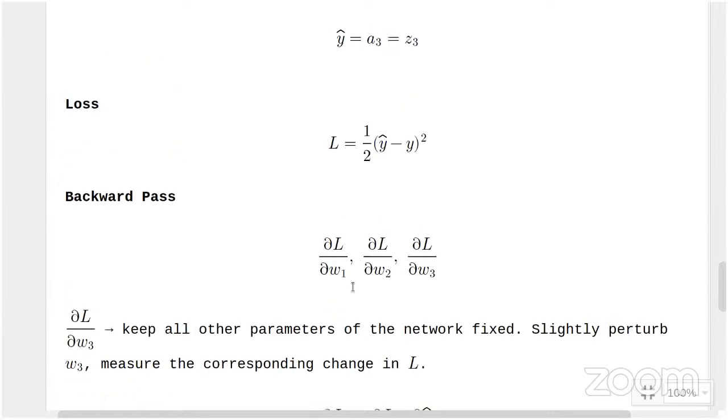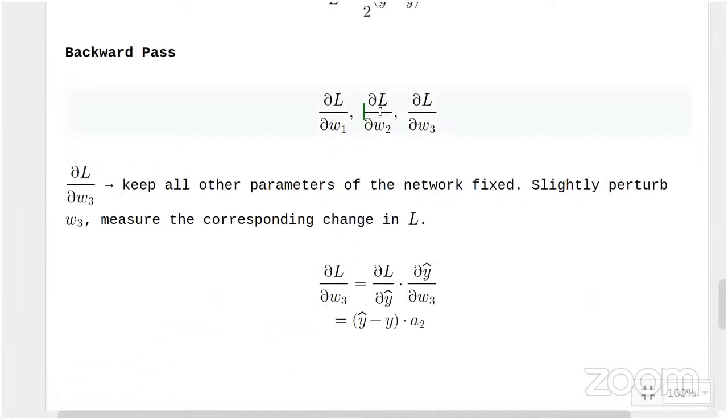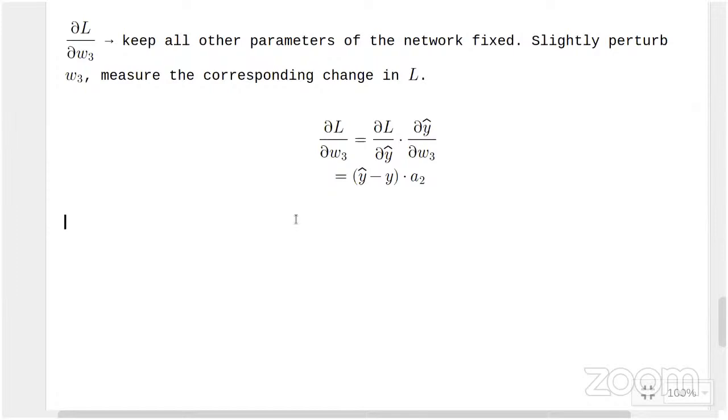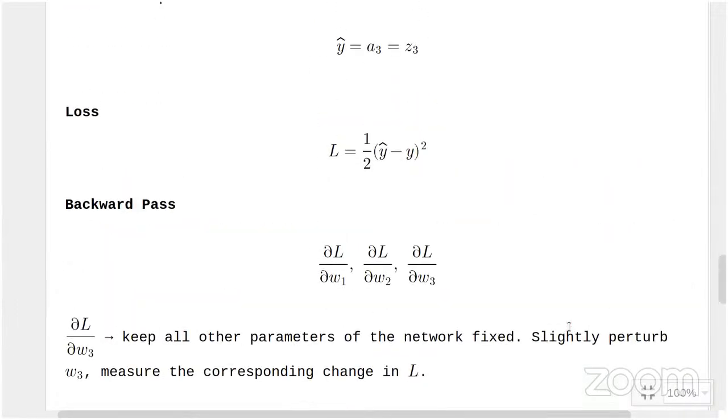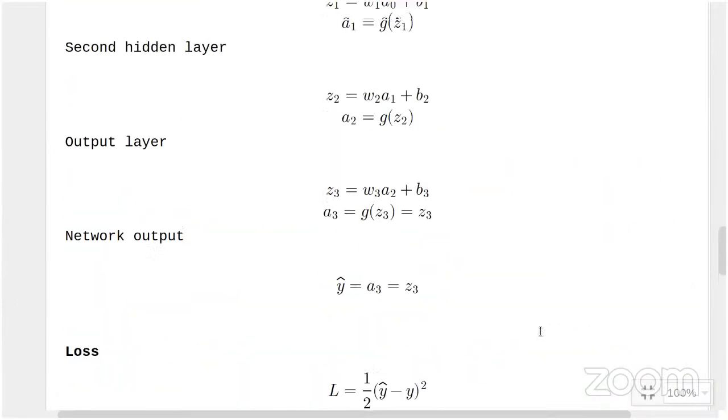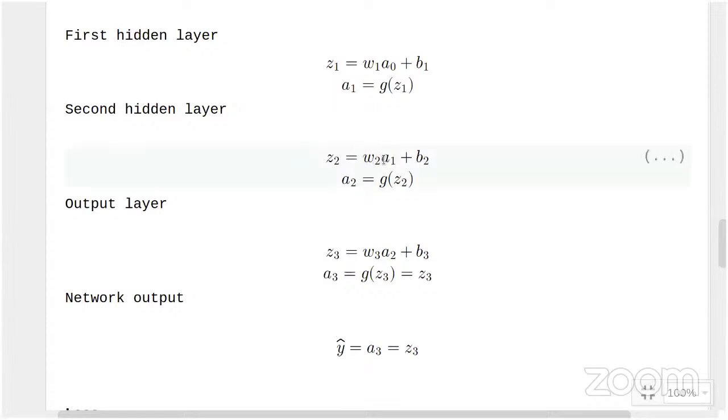Okay, so let's do this for dou L by dou W2 also, and then we'll understand. This is what we need to compute. So notice that W2 goes via Z2, Z2 goes via A2, and then A2 finally hits Z3, and Z3 we have already computed.